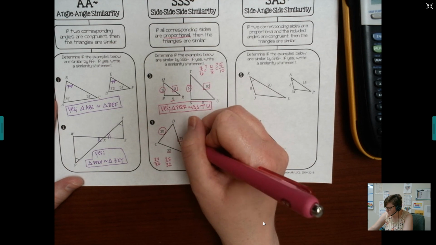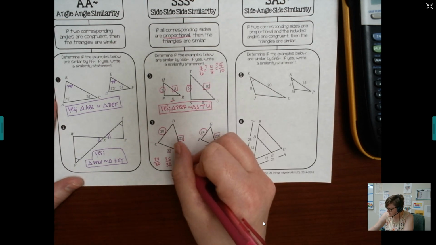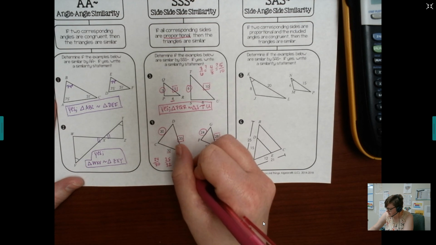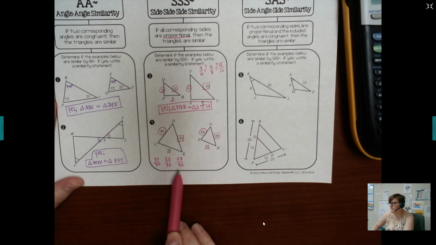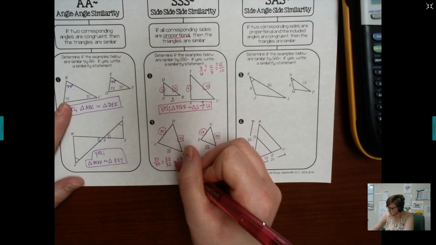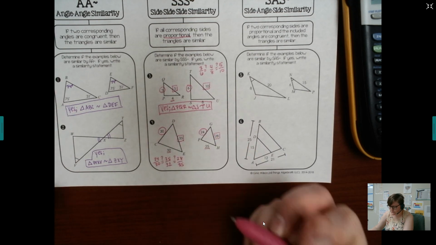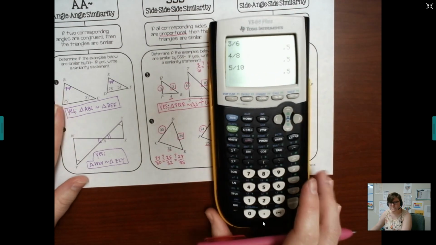And then our biggest one, 35 and 28. You want to make sure if you're putting this triangle in the denominator, it's going to be the denominator for all three, numerator for all three. And again, checking to see, do these three fractions equal each other?